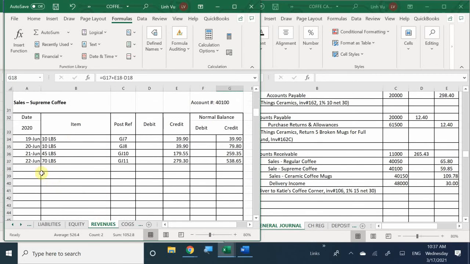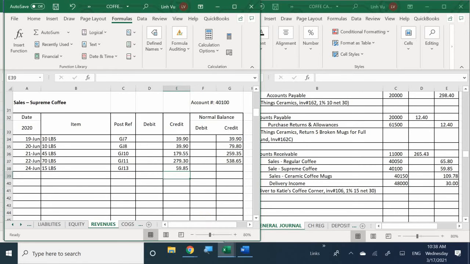How many pounds of the Supreme coffee did I sell? 15 pounds. General journal number 13, for 59.85.